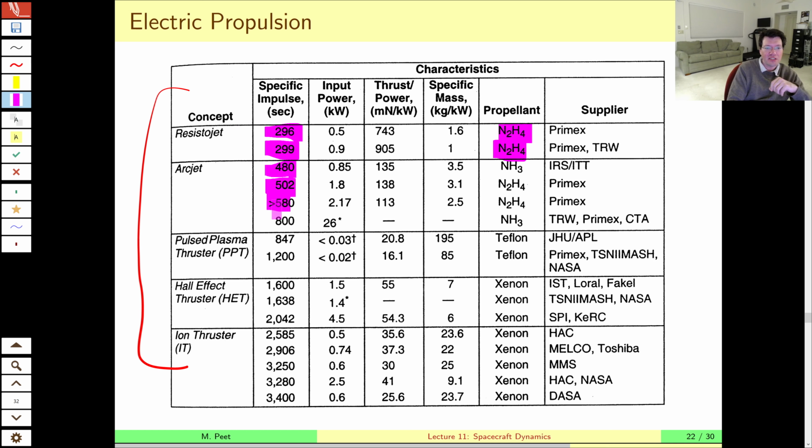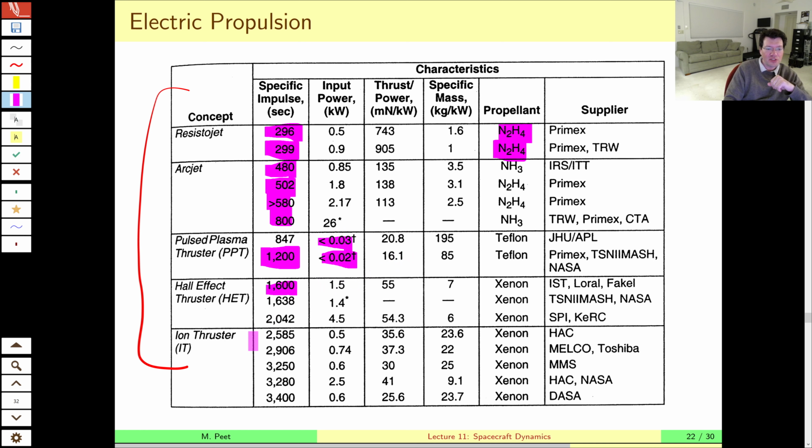You get higher ISPs, heating up the propellant a little bit more. PPTs, right? You can get higher ISPs, but they tend to start requiring lots of power. Where's the input power? Well, actually, these PPTs don't require a lot.